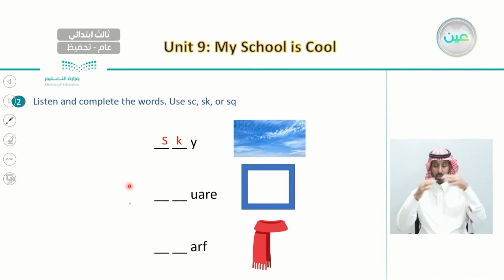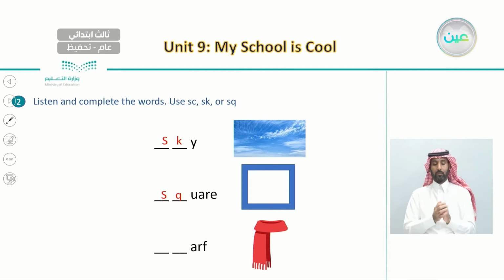The second word here is square. With the word square, what should we fill in these two letters with? SC or SK or S and Q? Here we should write S and Q, square.